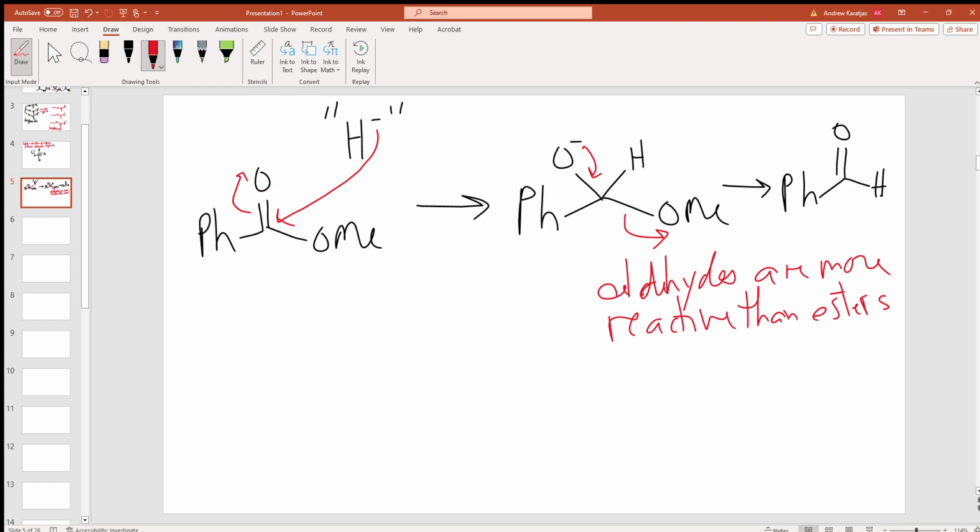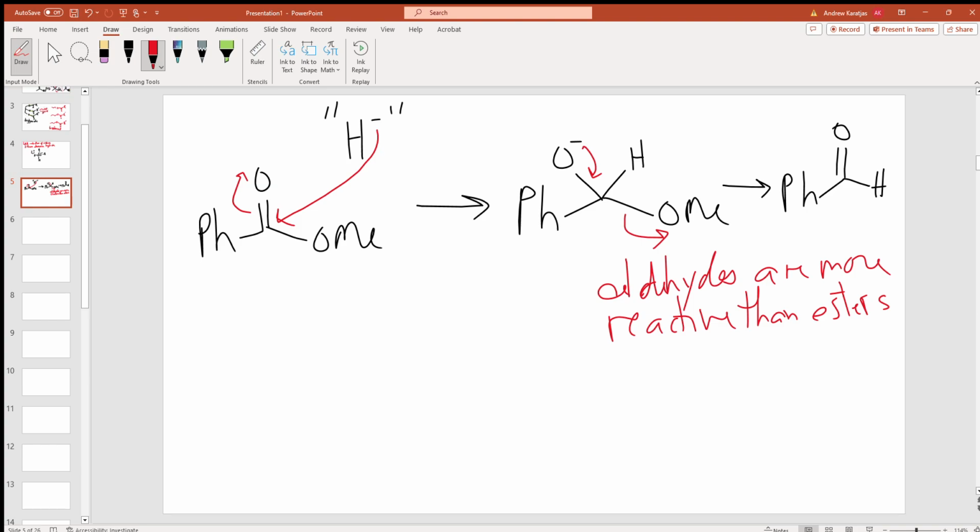And so if we're adding a substance in, as we have with LAH for this reaction, and if it's reacting with an ester, and now we've made something that's even more reactive, an aldehyde, we know the LAH will definitely react with an aldehyde. In fact, the aldehyde is one of those functional groups that we don't even, in theory, need LAH for.